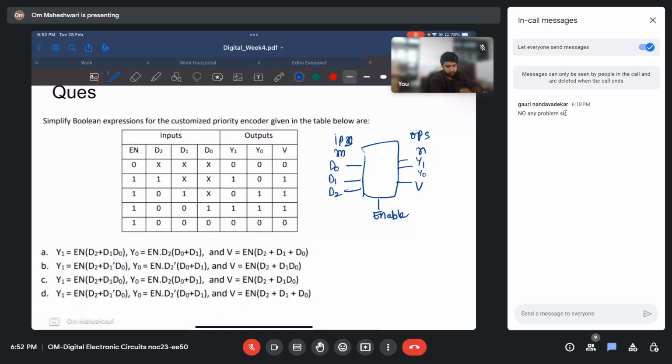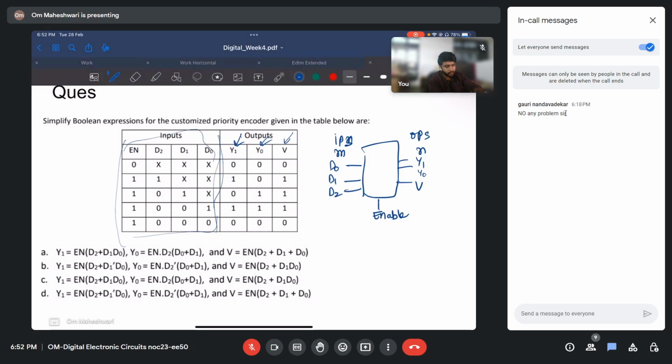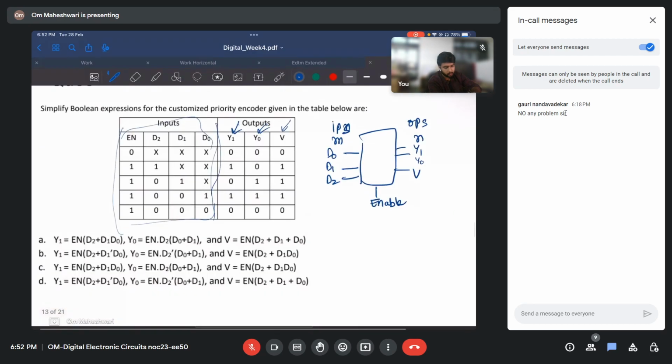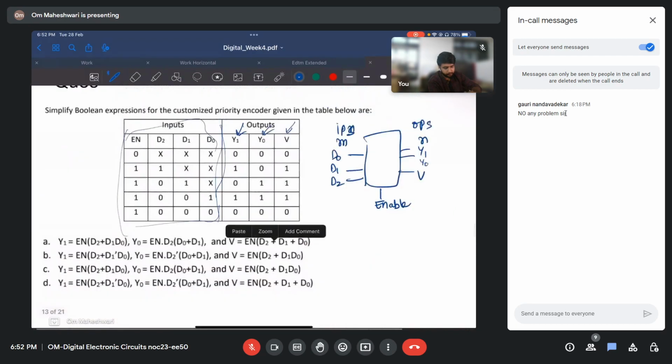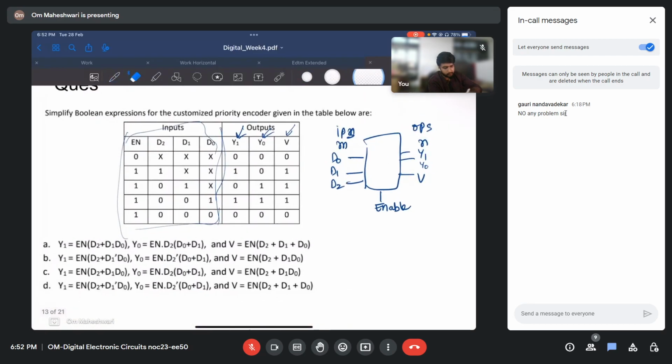So what we have to do is just find the expressions of all of these three outputs in terms of these inputs. That is simple, that we used to do earlier also in previous questions. We just have to write the truth table for each of them one by one. So let me copy it here.